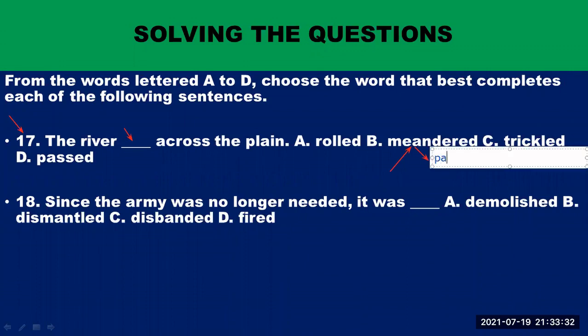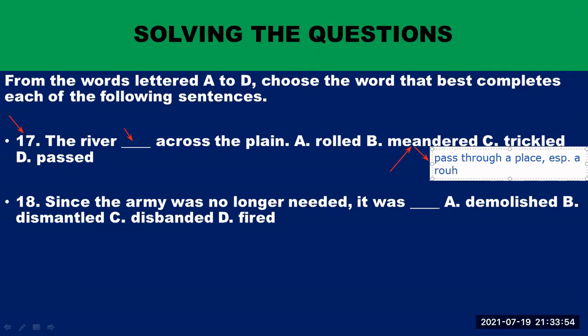You know, if a river is flowing through certain rough surfaces and meets an obstacle along the road, it will take an alternative route. So it will meander across that part. It will find its way.